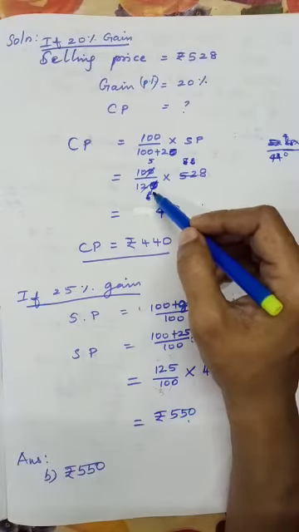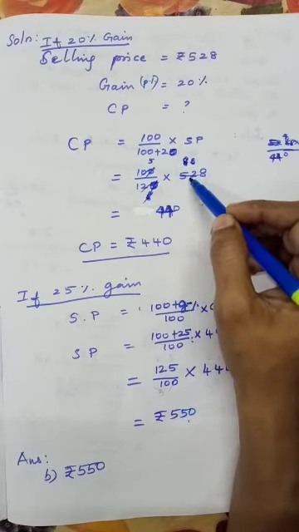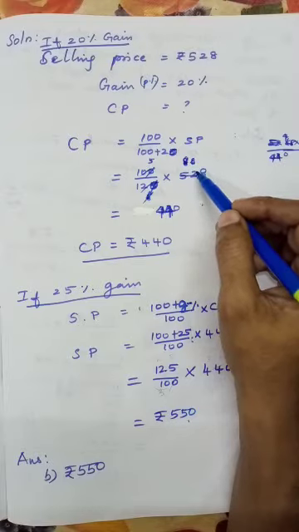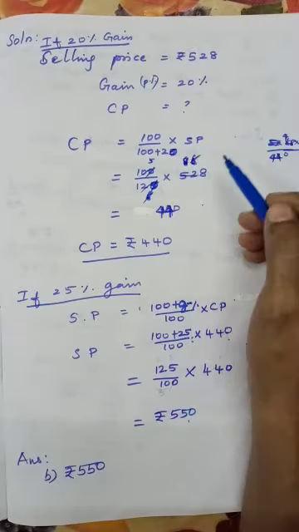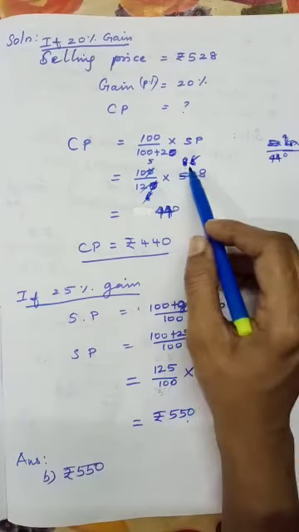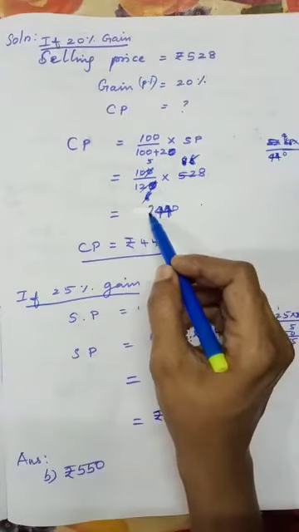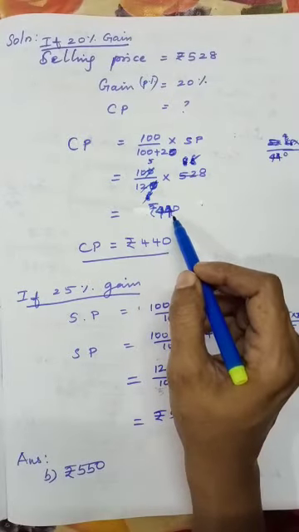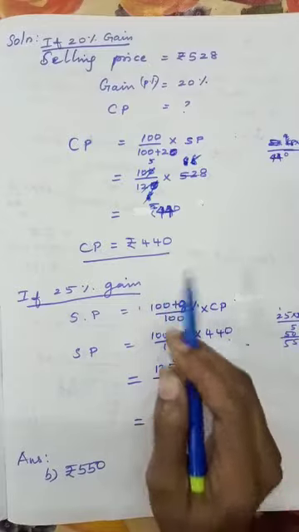Again by 6 table you can cancel this. 6 8s are 48. Then remainder 4, again 6 8s are 48. So 5 into 88 is equal to 440. 8 5s are 40, remainder 4, 8 5s are 40 plus 4, 44. So CP is equal to rupees 440.